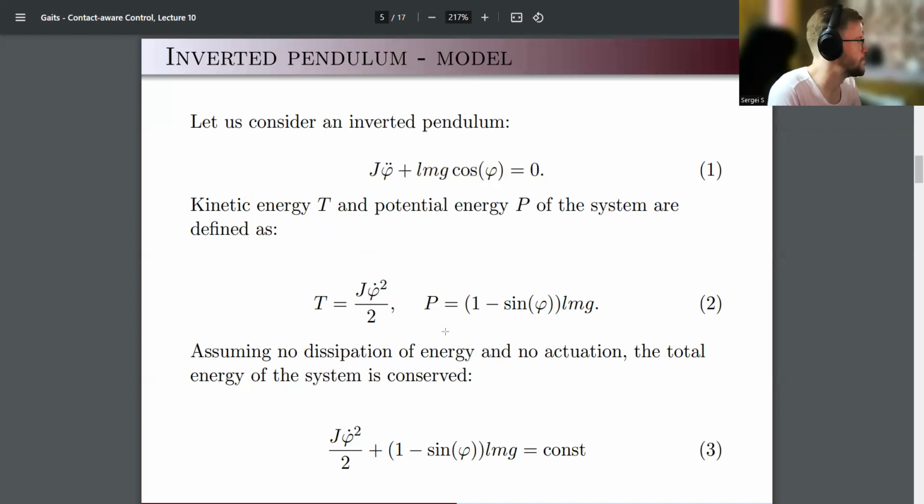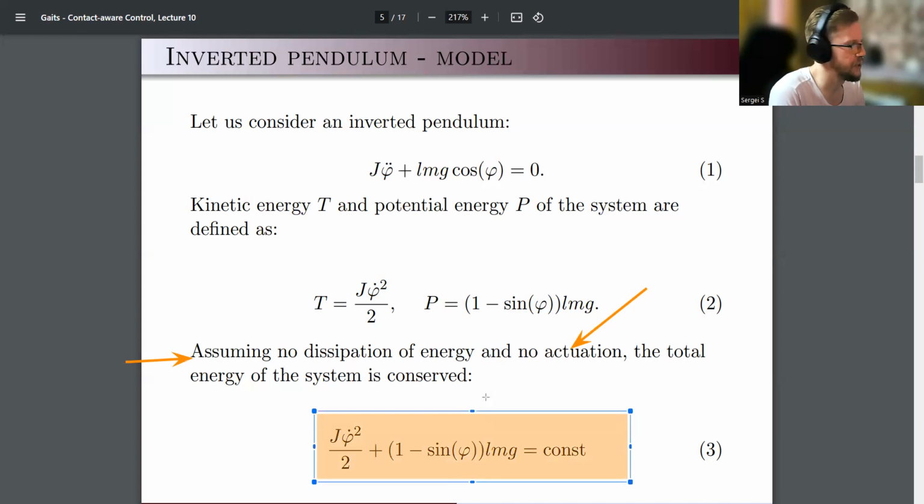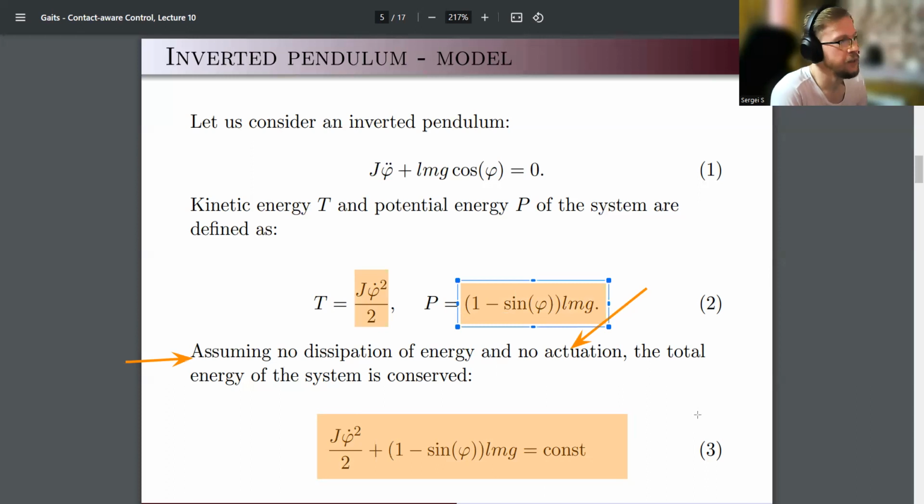Okay. Now, assuming that there is no dissipation of energy and no actuation, so there is no actuator attached to the pendulum, the total energy remains constant. So the total energy is conserved and is given by the sum of these, and remains constant. Okay. Very important observation here. So energy remains constant. Okay.